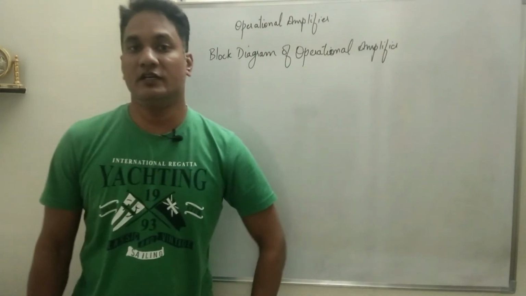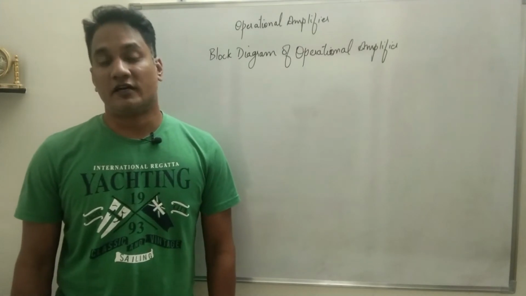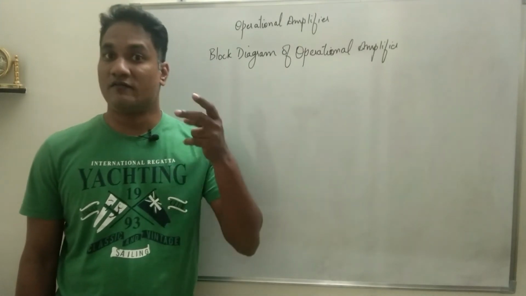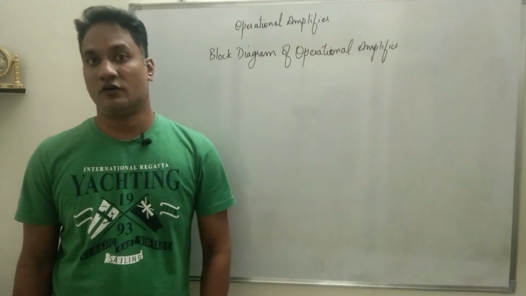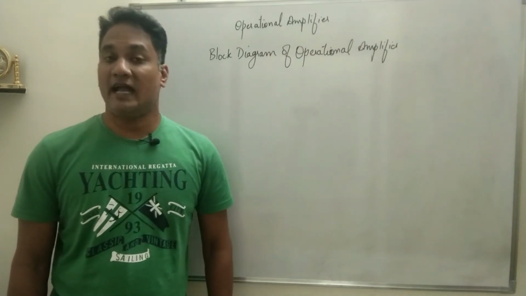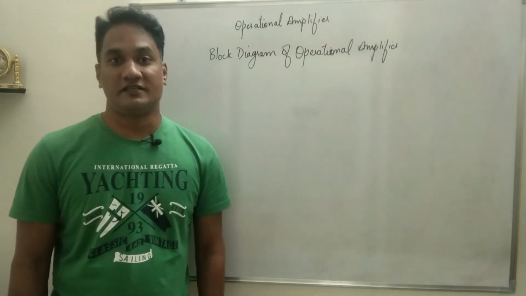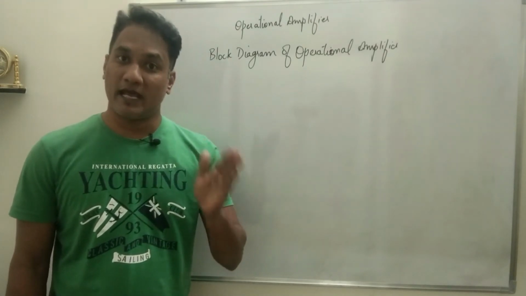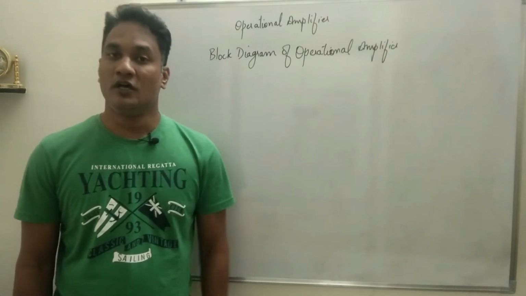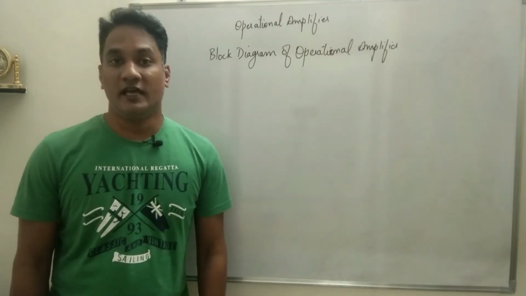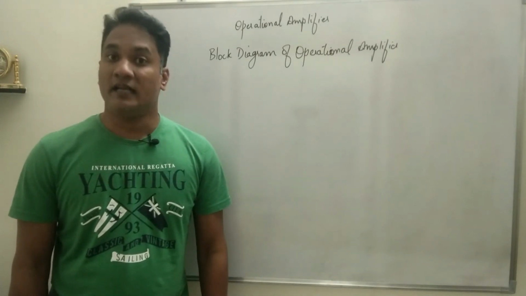In the last video we tried to understand the working of the differential amplifier, where you have 2 inputs and 2 outputs. When input is applied at V1, you get a 180-degree phase shift at VA and 0-degree at VB. Similarly, when you apply input at V2, you get 0-degree at VA and 180-degree at VB.